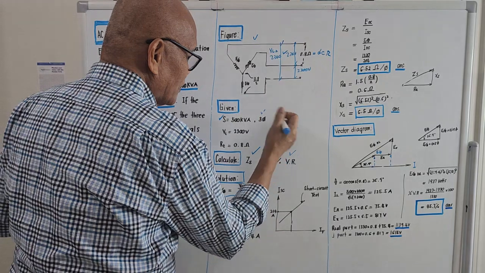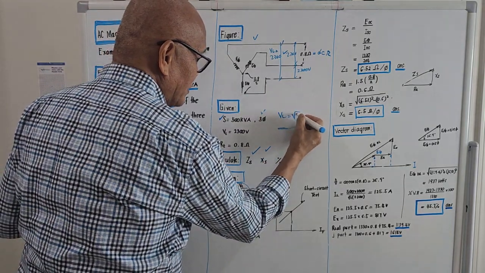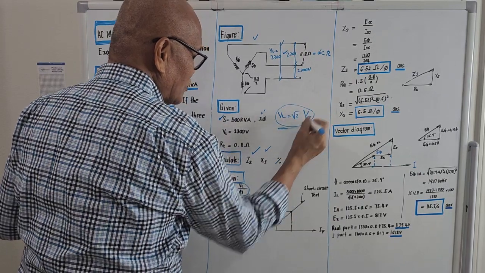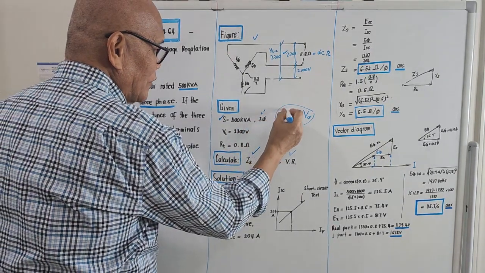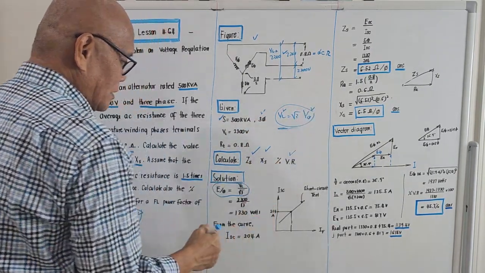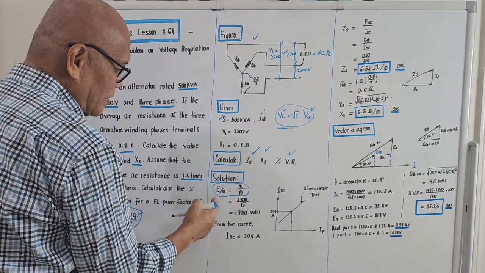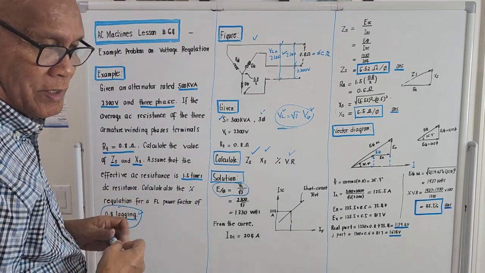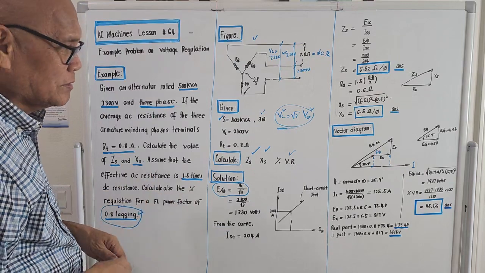The relationship is V line-to-line equals square root of 3 times voltage per phase. It is given by this equation here. So we are given the line-to-line voltage, we can compute the phase voltage. It's letter V or letter E, the same. But since we are talking alternator here, E refers to the so-called generated voltage.